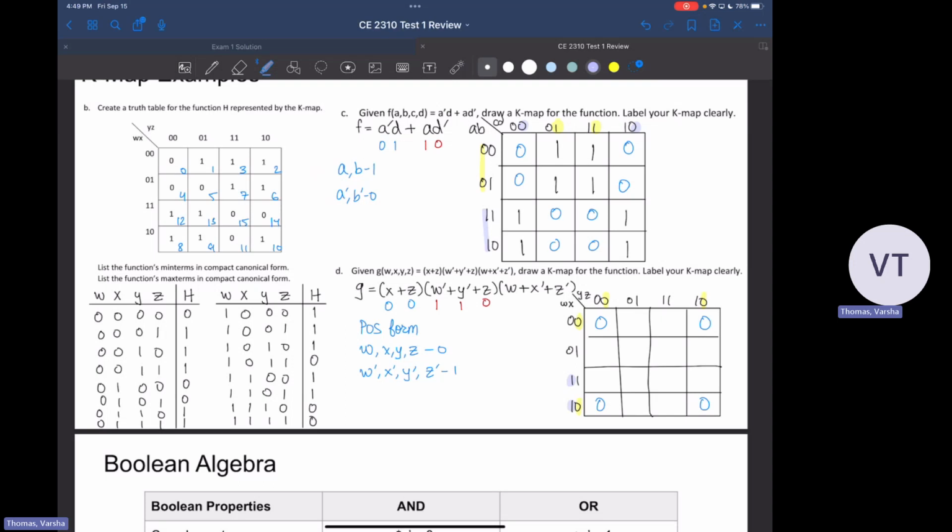And then I have Y naught or Z. So you're looking for the column that is 1, 0 here. All right, so I'm going to put in a 0 here. There's already one, I'm just going to circle over it, and then there's one over here. And then there is one here. Because it's where W is 1 and Y or Z is 0. So I'm going to circle that.